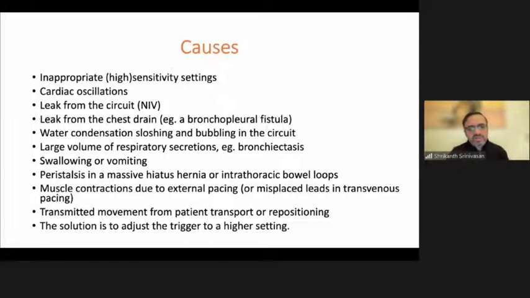So the solution, obviously, is to adjust the trigger to a higher setting. Increase the flow trigger to, say, 2 liters a second, or you can reduce the pressure trigger to -2, and see accordingly whether the number of auto-triggered breaths is reduced.